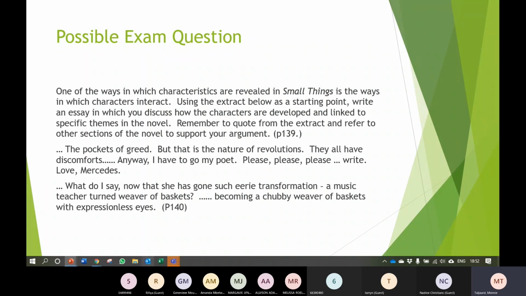And then his lack of sympathy and superficiality. She's becoming a chubby weaver. Chubby, if we think in terms of diction, connotation and denotation, chubby means a little fat, but the connotation is that it's not a compliment to call somebody chubby.